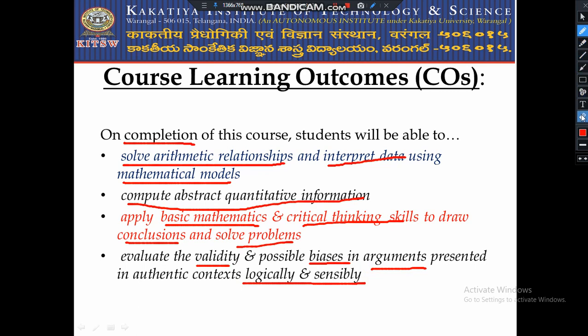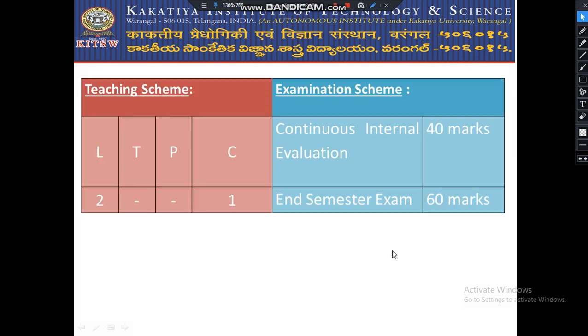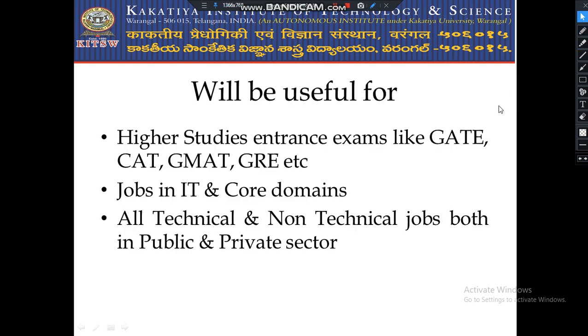So these are the course learning outcomes for this QALR course. The teaching scheme is 2 lecture hours and this course has 1 credit. The examination scheme is you will be evaluated for 40 marks internally and 60 marks in the end examination.